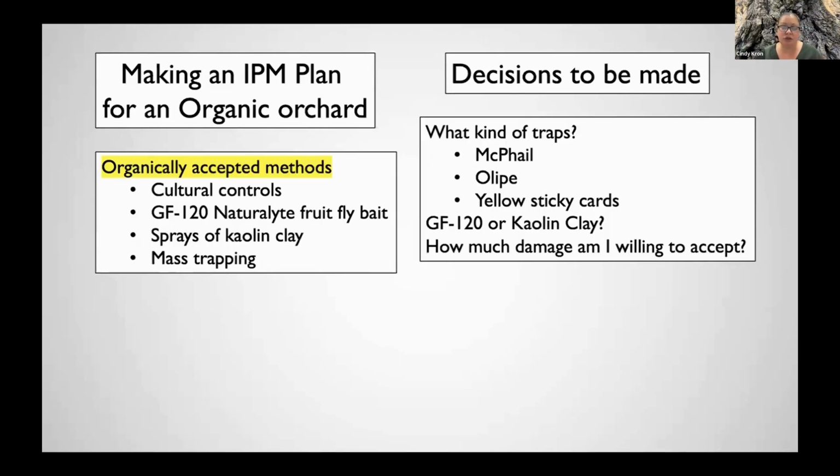And again, these are decisions you have to make. What works for your situation, for your finances, for the time that you have to apply, for your labor, and your pest population. How much damage am I willing to accept? So if you have table olives, the damage that you are allowed to accept is very, very small, almost zero.